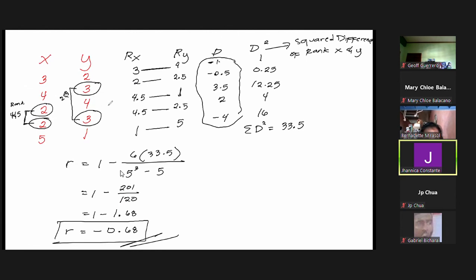Yes, Bernadette. Teacher, 5 to the third power minus 5, where does that come from? This 5 to the third power comes from the formula n cube, wherein your n is the number of cases that you have.